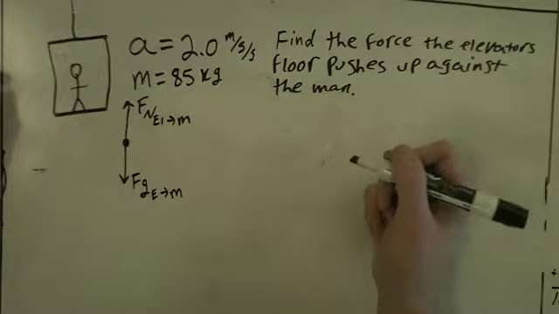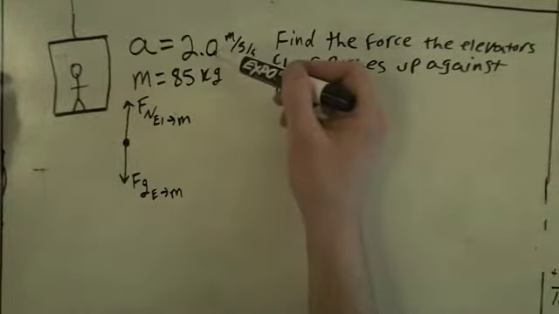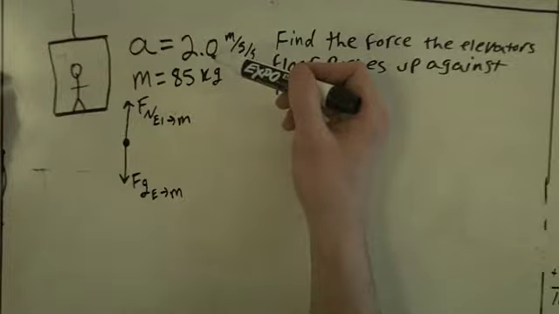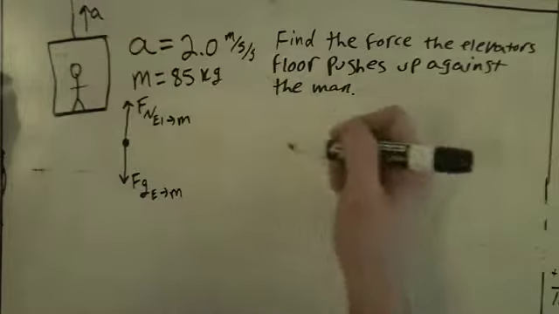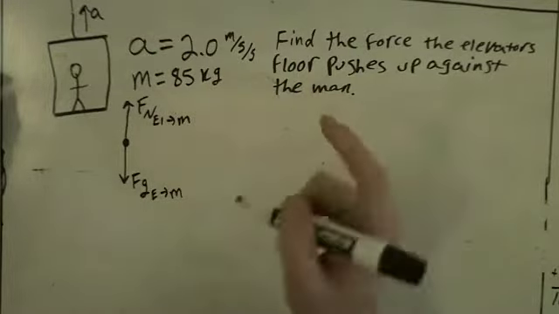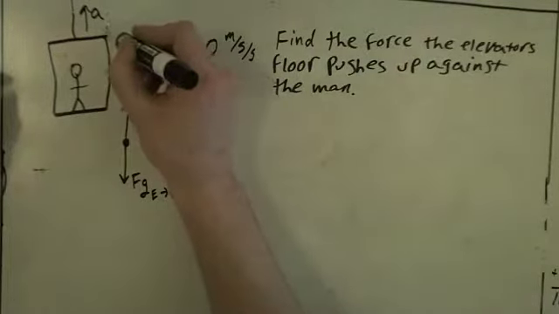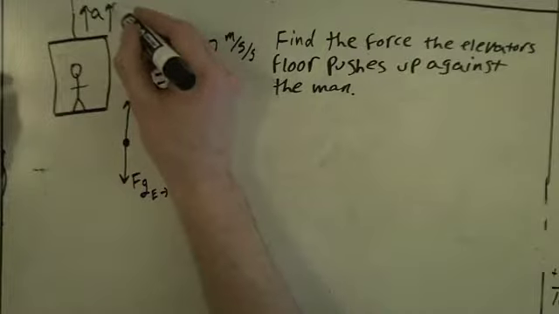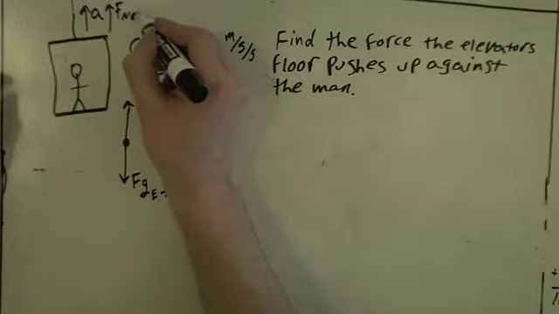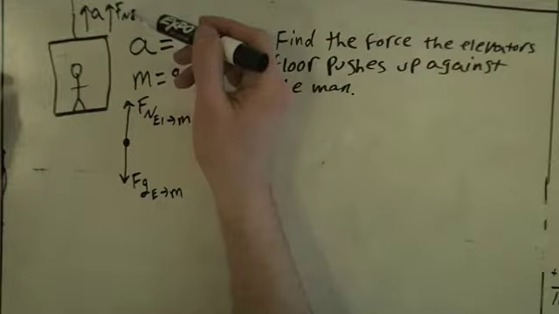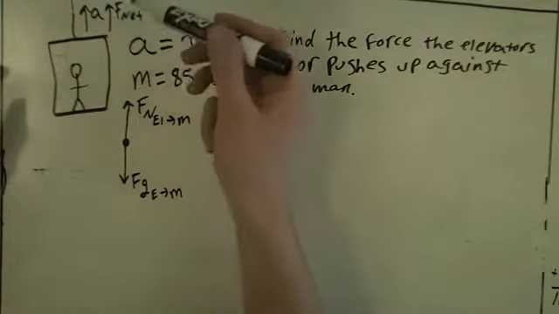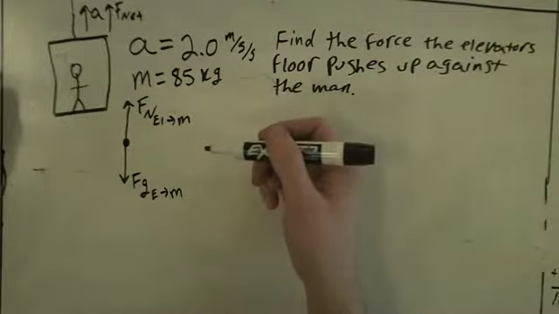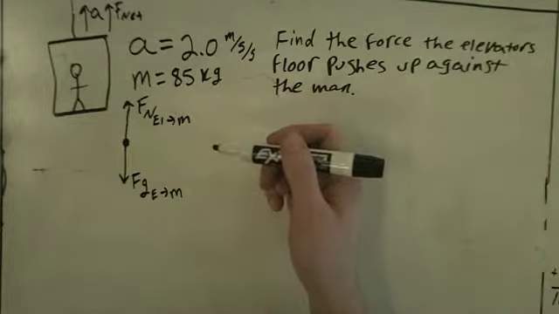Okay. Now right away, since he's accelerating, and he's accelerating up in a positive direction, I know now that there must also be a net force. And net force, what does that mean? Well, net force is similar to what we were doing before when we summed our forces.